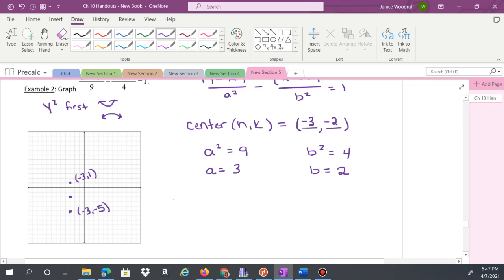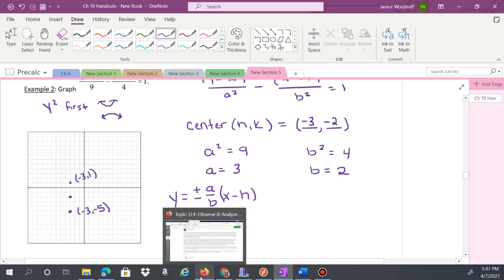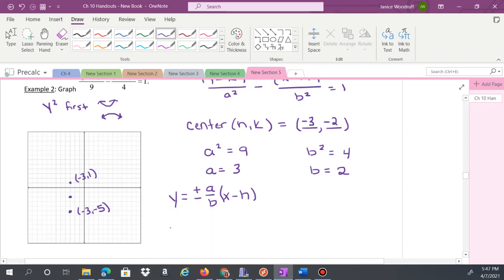Okay, then we have the equation for our asymptotes. Now this is going to be a over b x, but when it's x like this, it's actually x minus h. Okay, so that means this is going to be plus or minus 3 over 2, and then x plus 3.